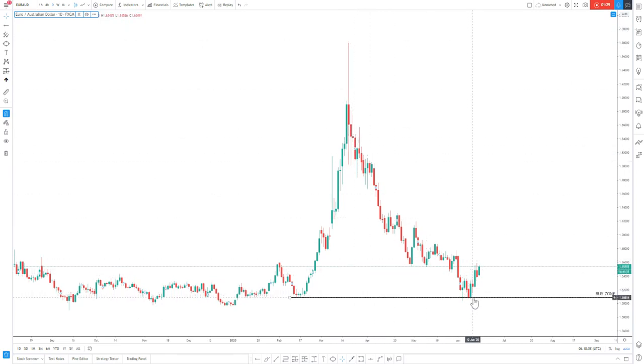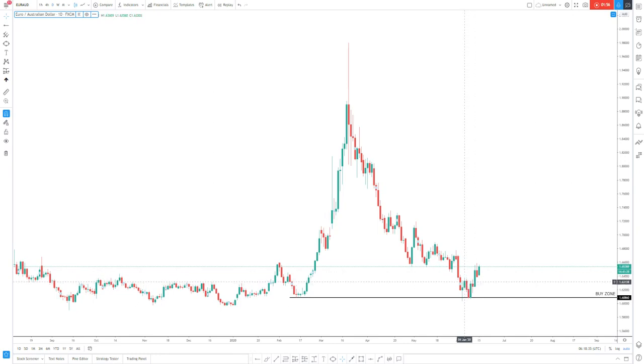And when price got to this area of structure currently, we had this massive bullish engulfing candle which then broke the last area of structure formed. Looking at this trend to the downside, it was forming a series of lower highs and lower lows, and this was the last lower high formed.